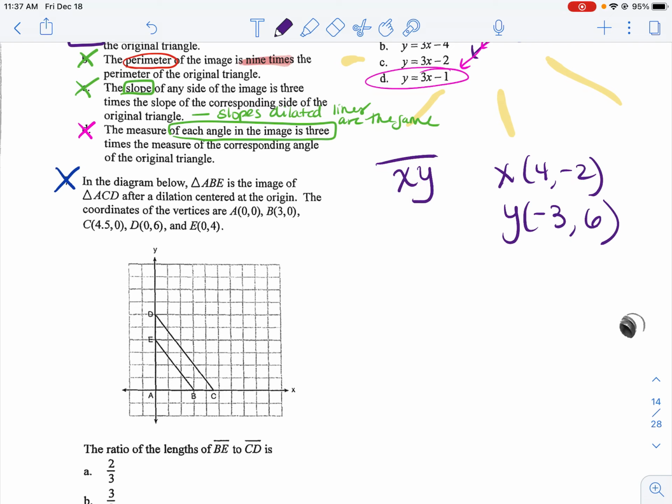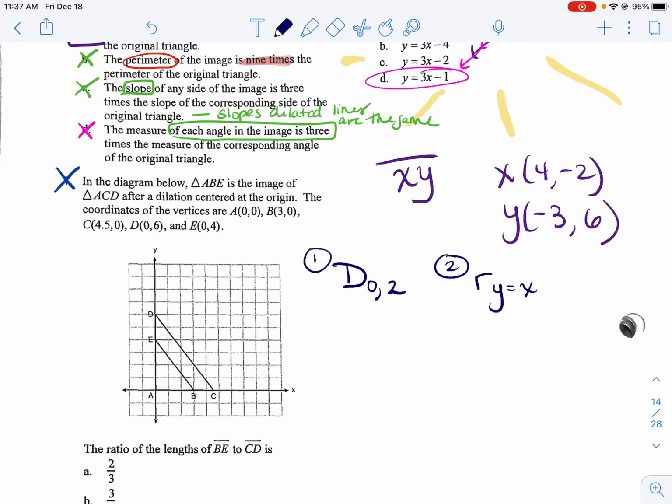And I asked you to dilate it about the origin by a factor of 2, and then reflect over the line, let's say, y equals x.